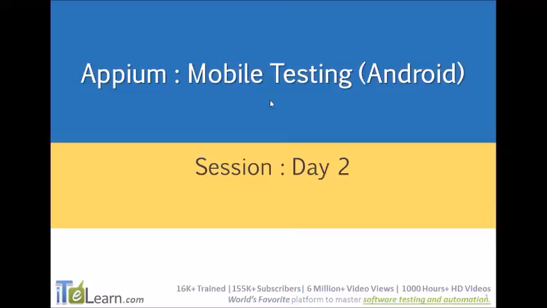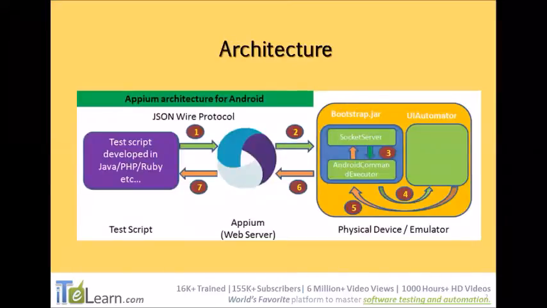Okay, so to just give you a review about what we covered in session 1: the main architecture of APM, how it helps us to drive the end-to-end test automation, and also the significance of APM as a server, how it helps to drive your mobile applications.